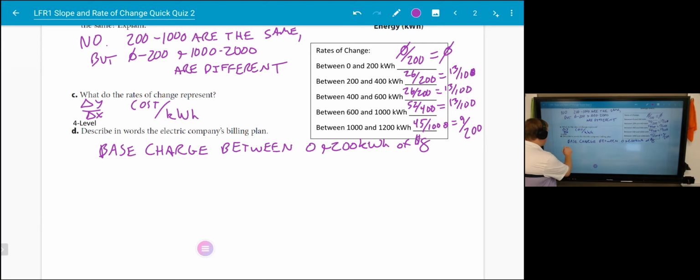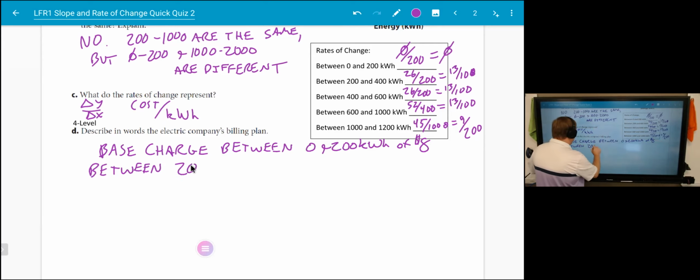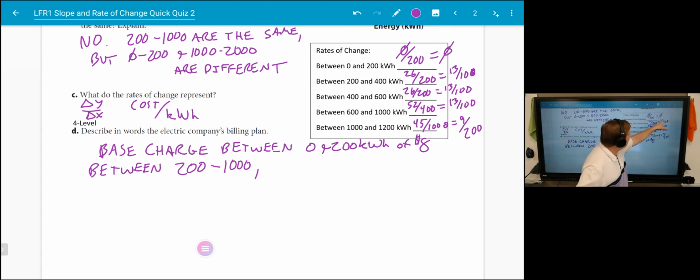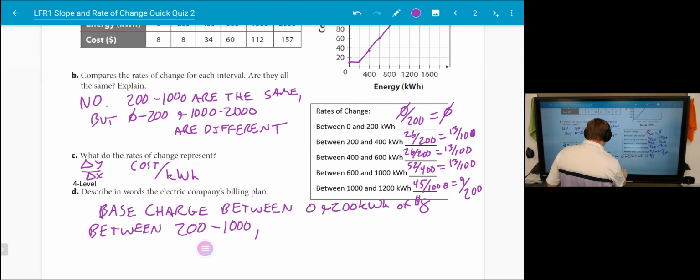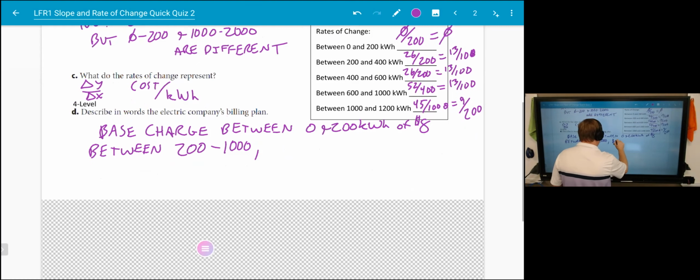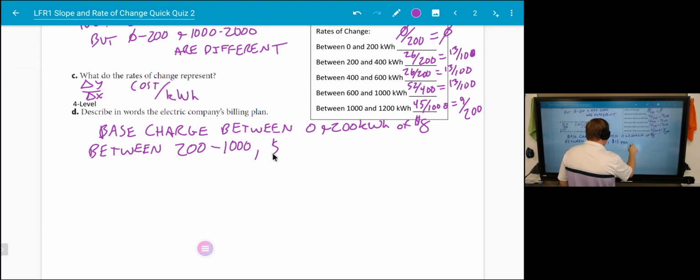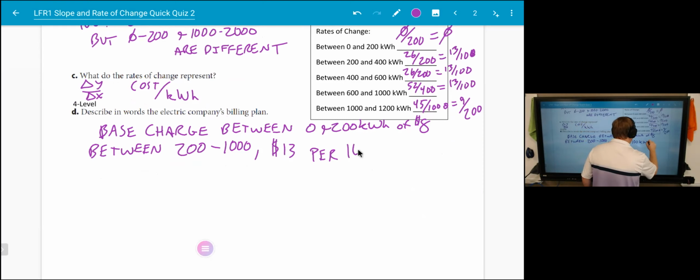And then between 200 to 1,000, it is $13 per every 100 kilowatt hours used. Your change in y compared to the change in x. It is $13 per, there's your slope, 100 kilowatt hours used.